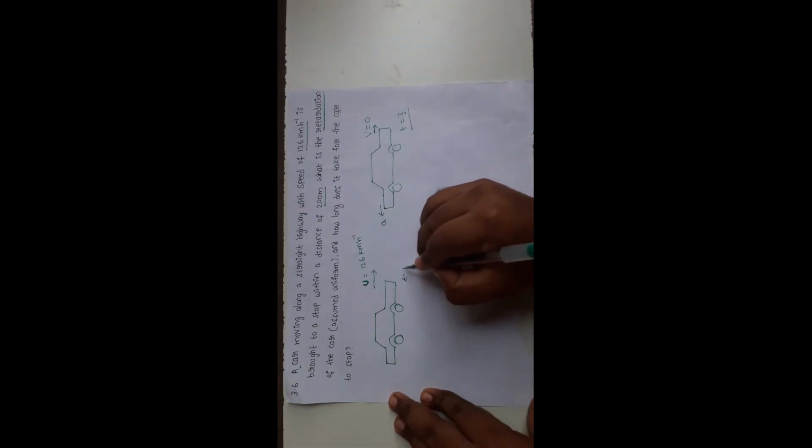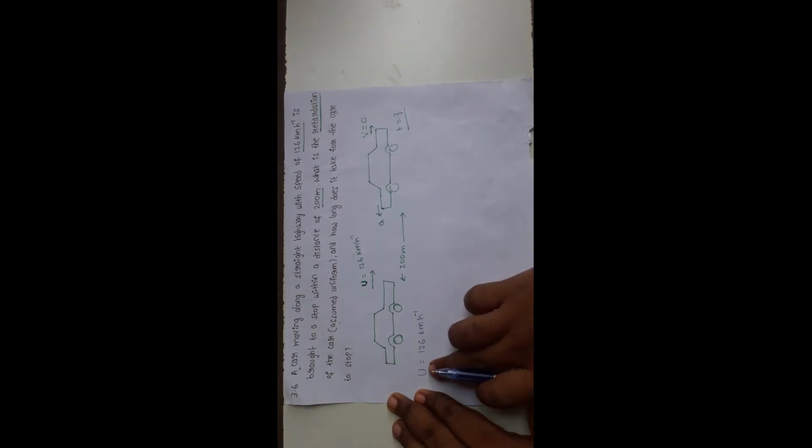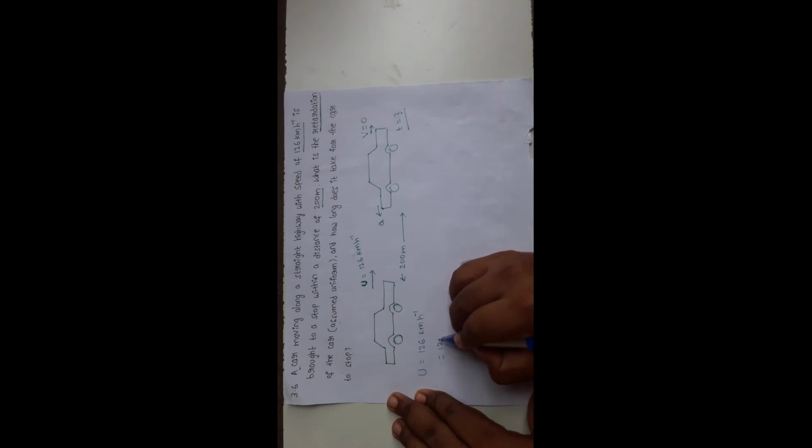The travel distance is 200 meter. Note down the given values. Initial velocity of the car u equal to 126 kilometer per hour. Actually, what is the unit of velocity? Meter per second. So convert into meter per second: 126 into 1 kilometer equal to 1000 meters, divided by 1 hour equal to 3600 seconds.